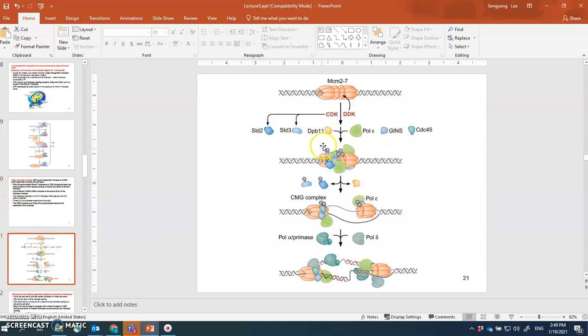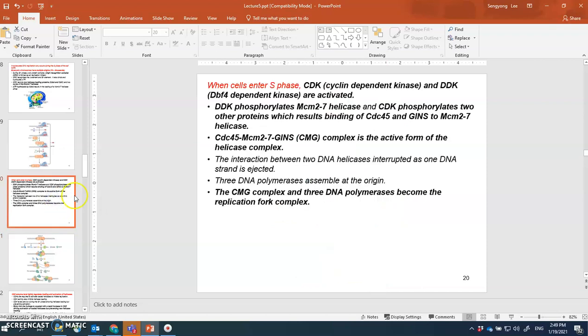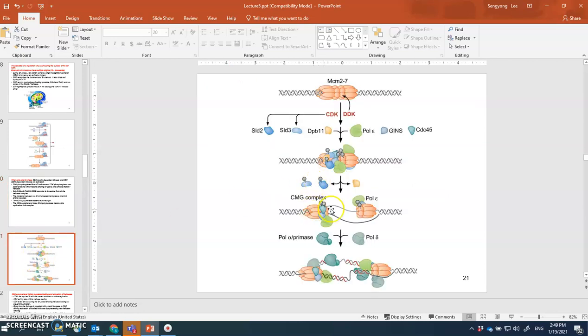So after phosphorylation, these two dimers are split, and each helicase goes one direction, this direction and that direction. That's what he just said.